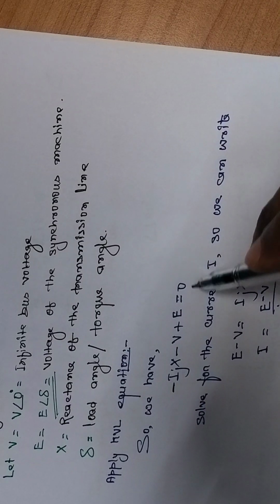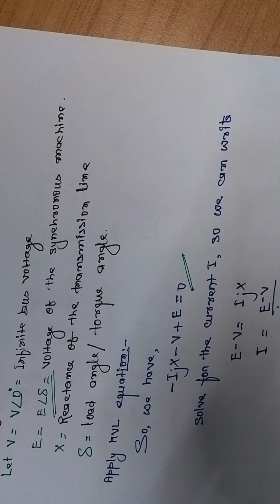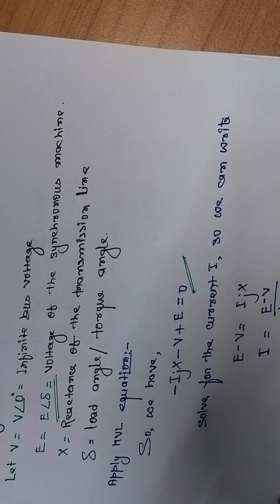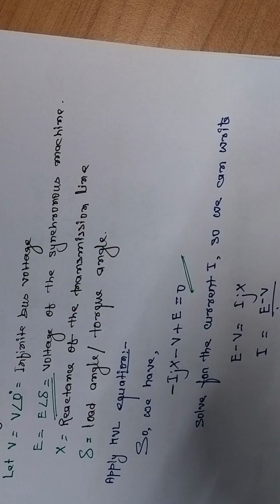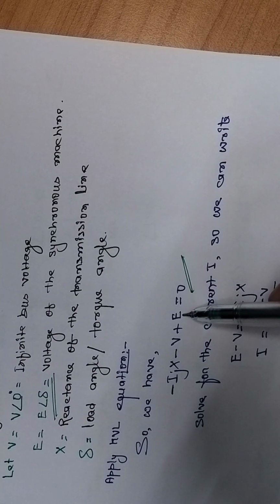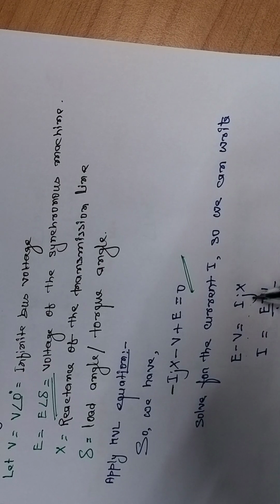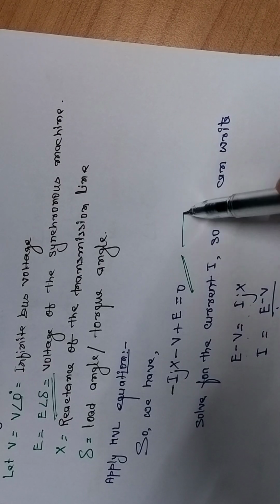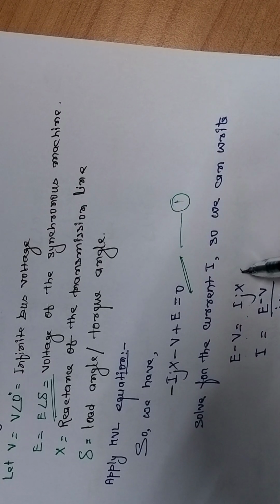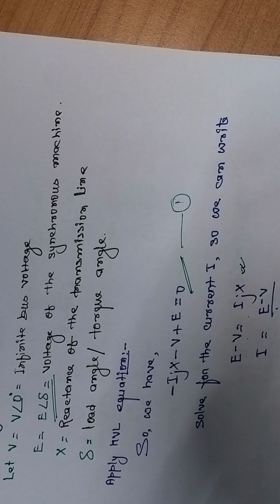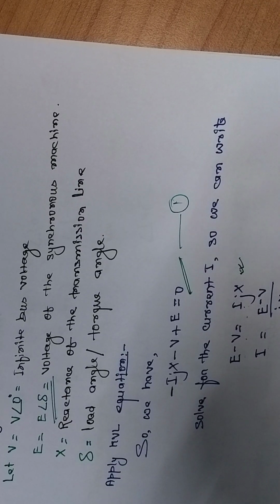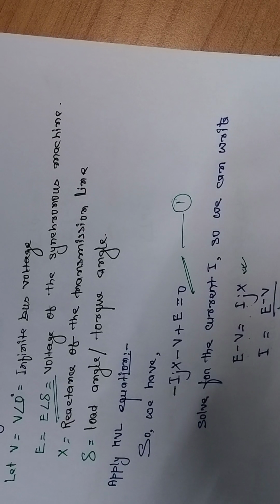This is the KVL equation. If we want to solve for the current I, we can write E minus V equals I jX. Similarly, I equals E minus V by jX.